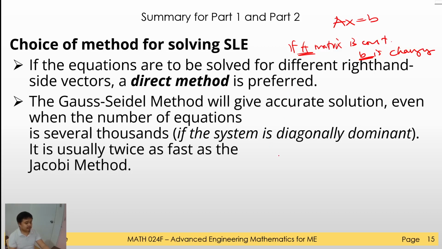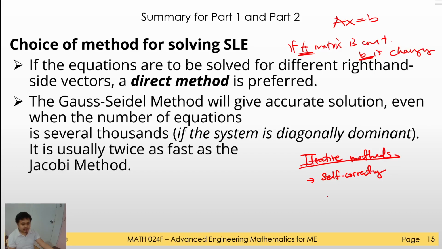And another thing to mention here is the round off errors. So one important property of iterative methods is that even though we have rounding errors, it is self-correcting.